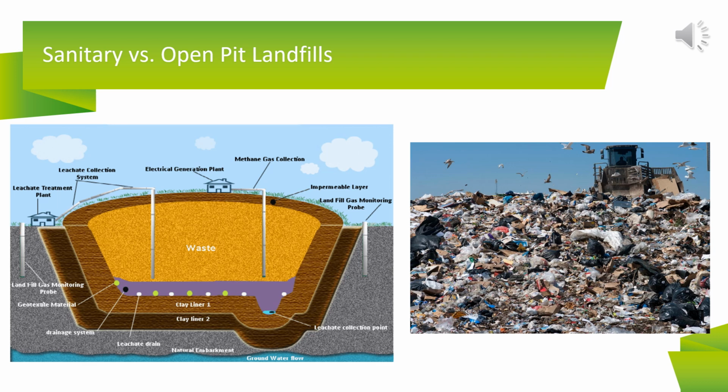So the goal here, in a sanitary landfill, is that you have this liner that prevents anything from leaking down into your groundwater. This includes liquid that comes from the waste as it's decomposing, or rainwater that comes in and filters through. This prevents what's called leachate, leachate, from getting into your groundwater and carrying those pollutants with it.